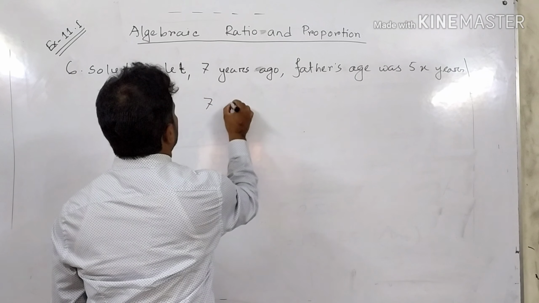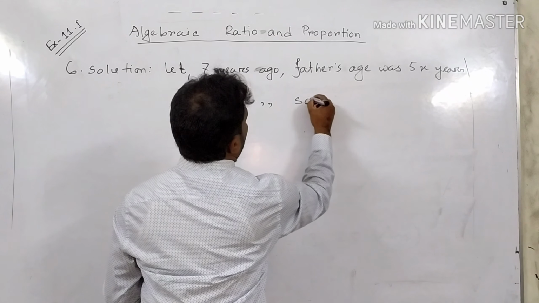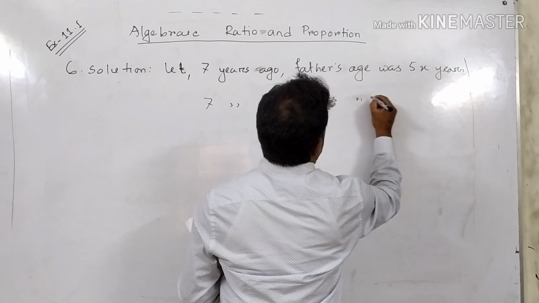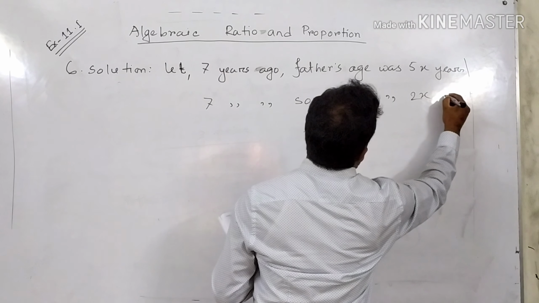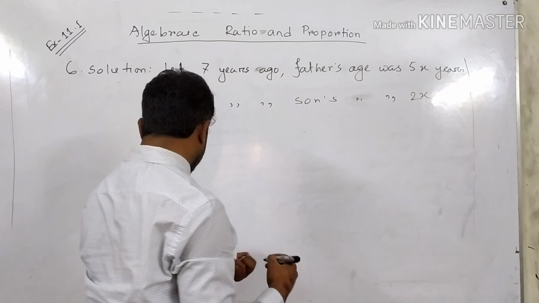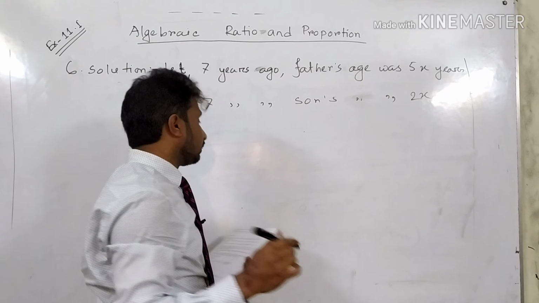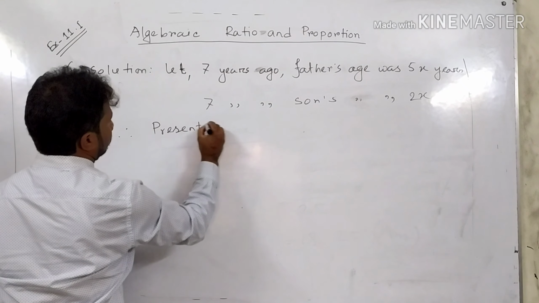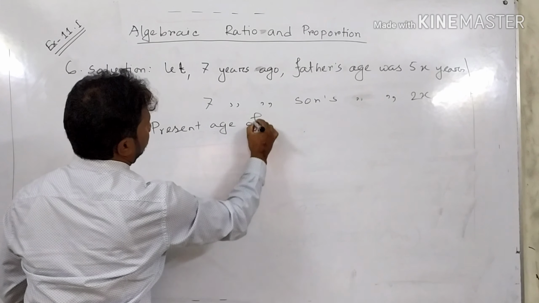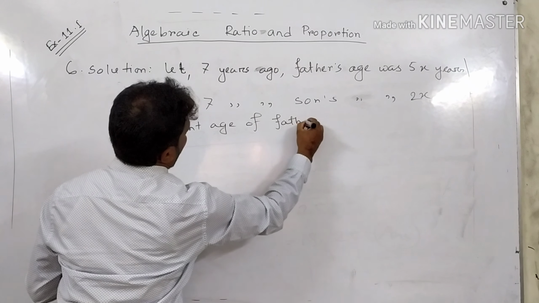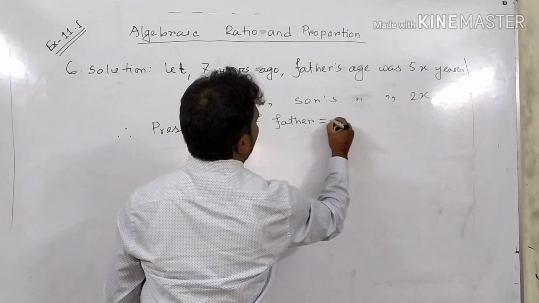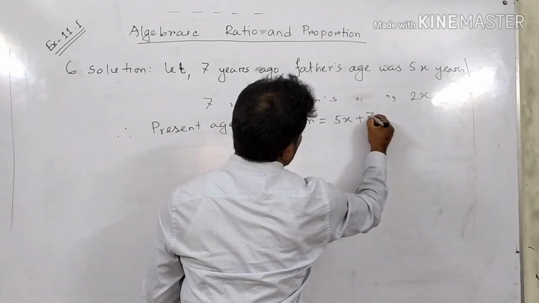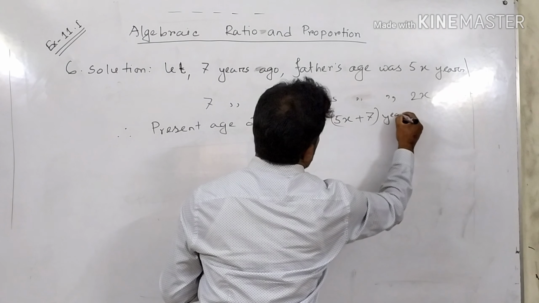And 7 years ago son's age was 2x years. Now you write, therefore present age of father equals 5x plus 7 years.